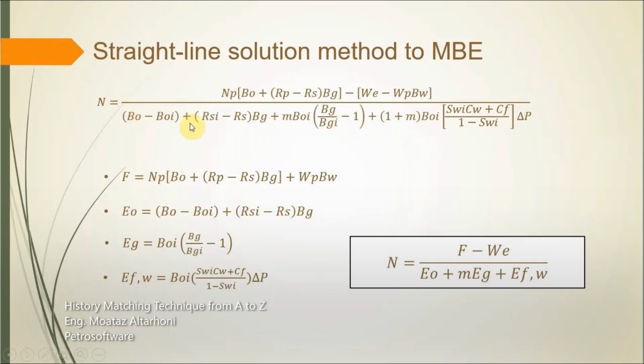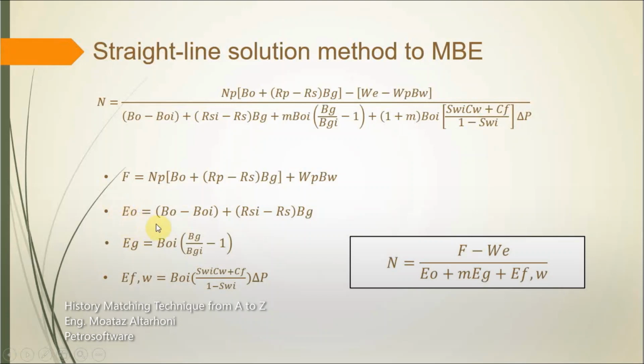How can we convert this general material balance to use as a straight line? So here we have a term of F, means the total withdrawal from our reservoir, oil and gas and water, all the productions equal to F, and that's changed with time and with the pressure.